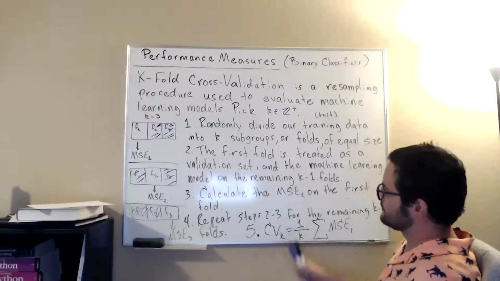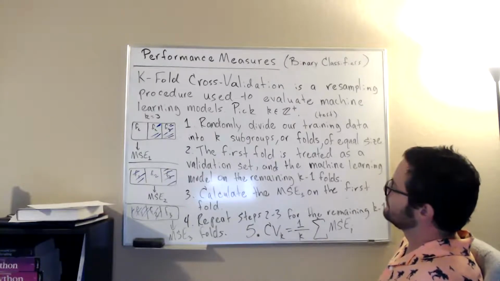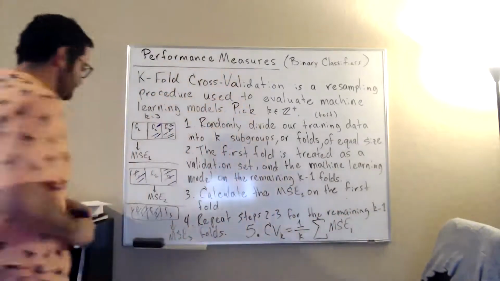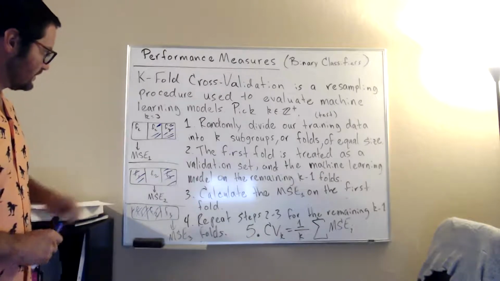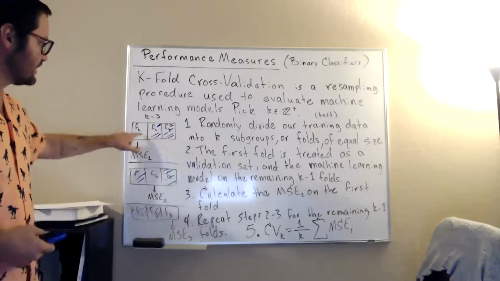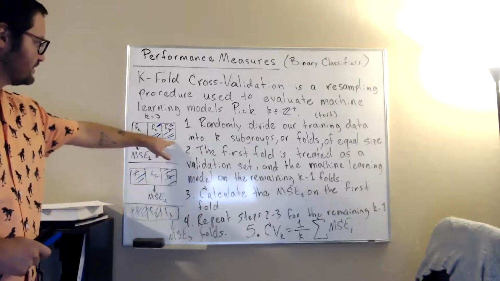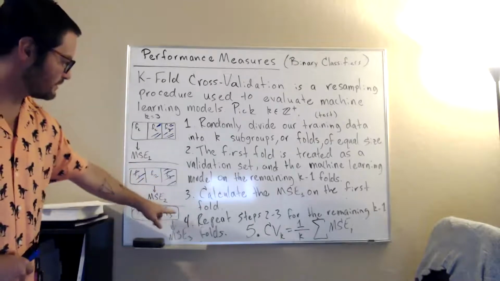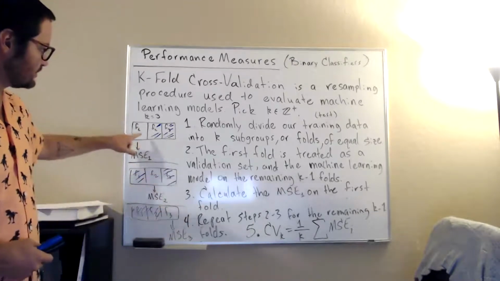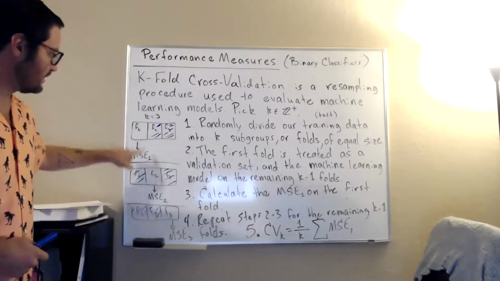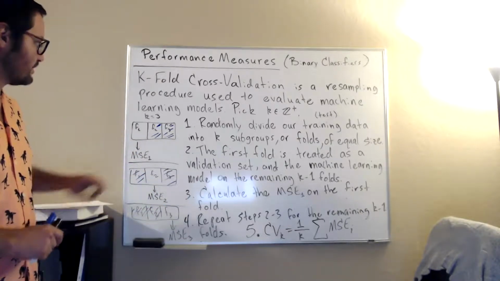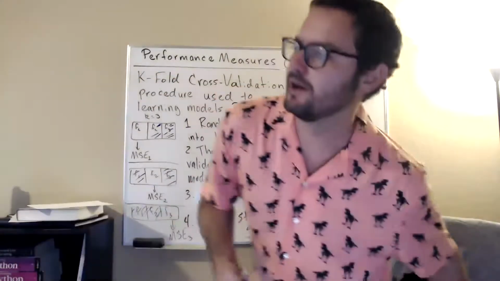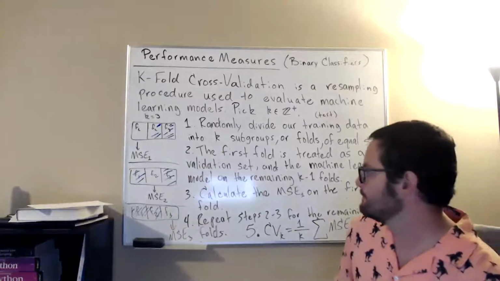And this is a measure of how robust the model is in relation to data that it hasn't seen, right? So you train it here, mean squared error there, train it there, mean squared error there, train it there, mean squared error there. So you're measuring how sensitive your model is to leaving out certain elements from the training data.